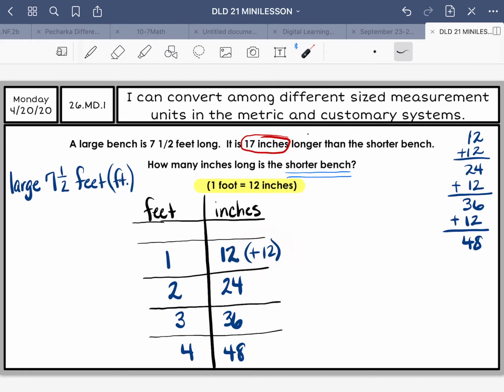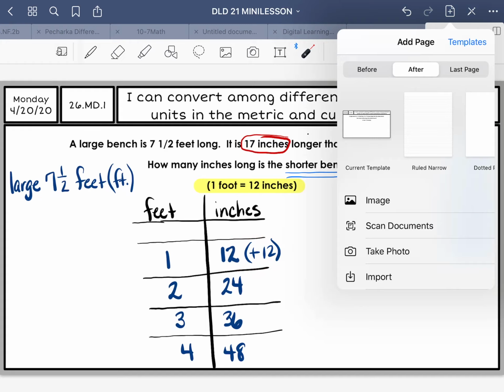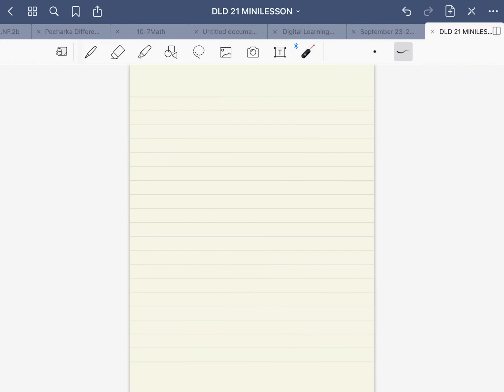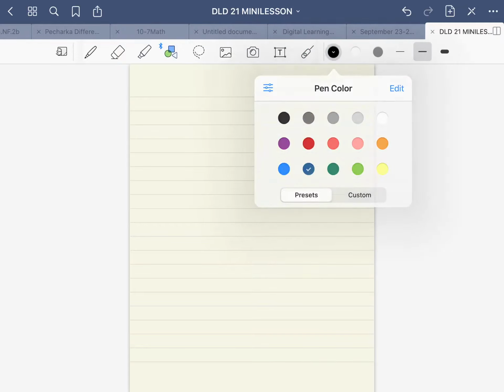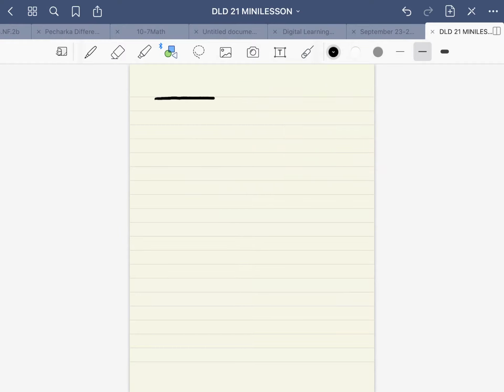So I'm just going to add a page over here. I'm going to draw another T-chart on my second sheet of paper so that I can continue this work.